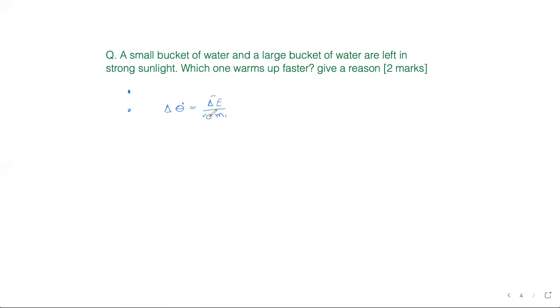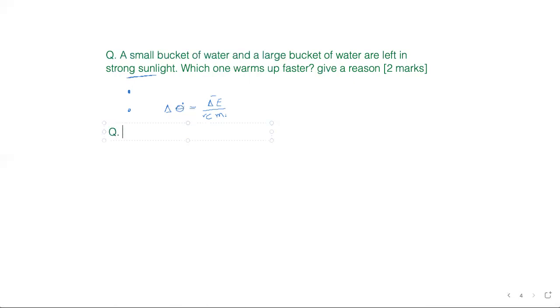So C is constant, and the energy is the same, the same situation, strong sunlight, and only the mass changes, and those are inversely proportional to each other. If you give the answer in this way in the exam, you will get all 2 marks. If you only write the smaller bucket, then maybe you will get only 1 mark. Okay, understand? Yes. Very good.